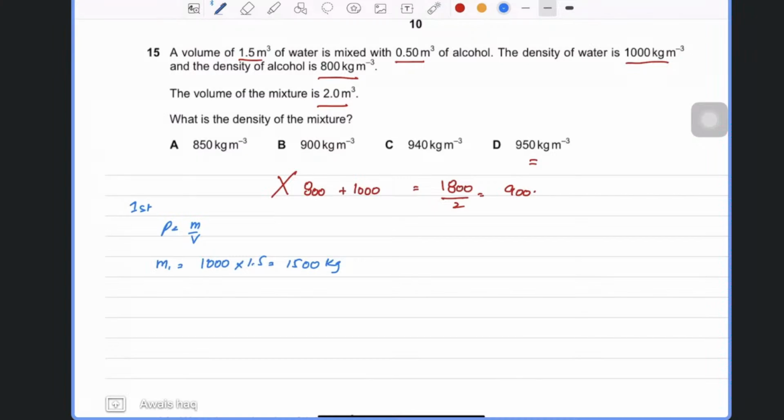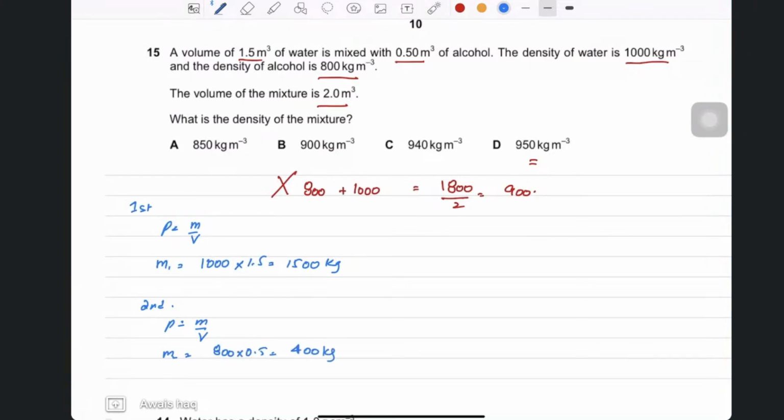That's a lot. Okay, whatever. And then for the second one, mass 2 is going to be density times volume, 800 times 0.5, which will be 400 kilograms, right?